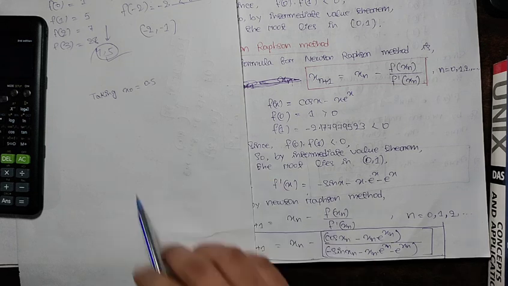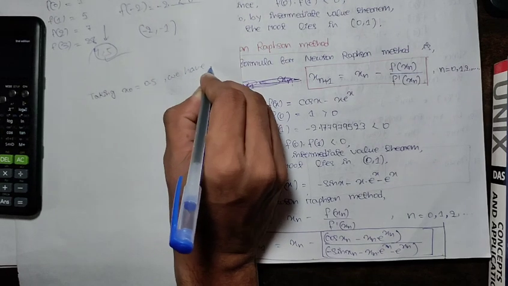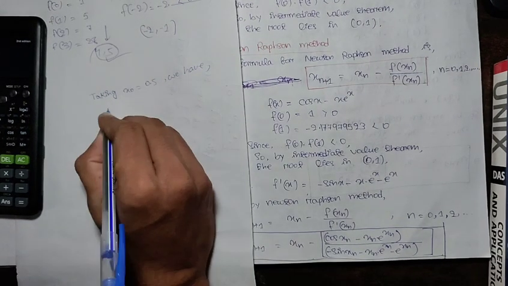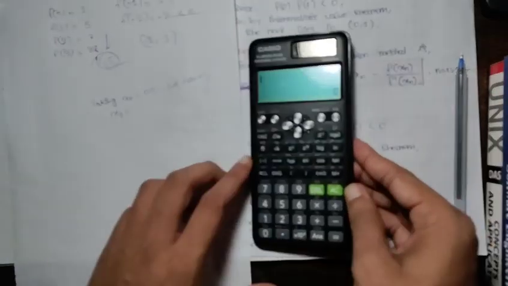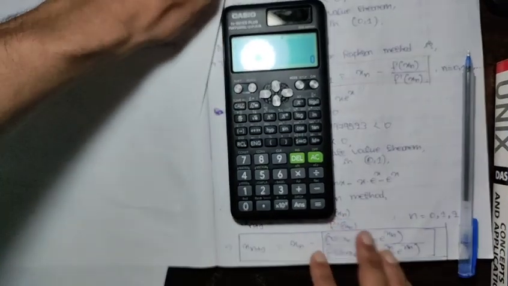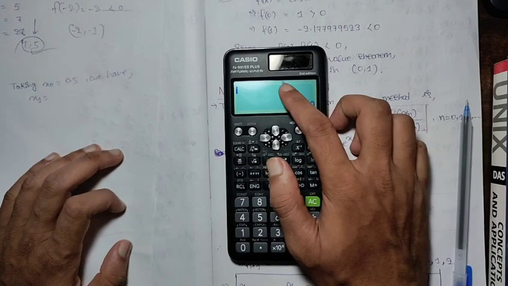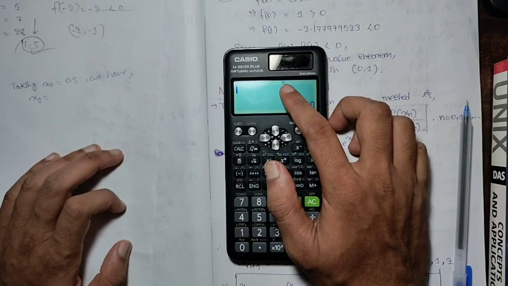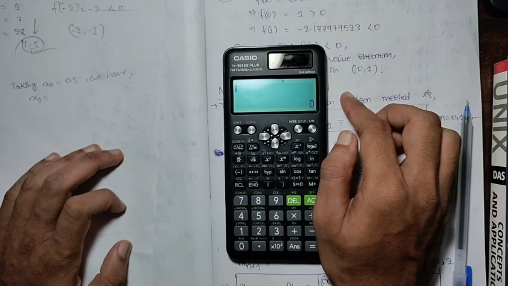Got it? So taking x0 equal to 0.5, we have x1. So see here in the scientific calculator, I already told you, you should use the radian mode in this paper, in the numerical analysis paper.